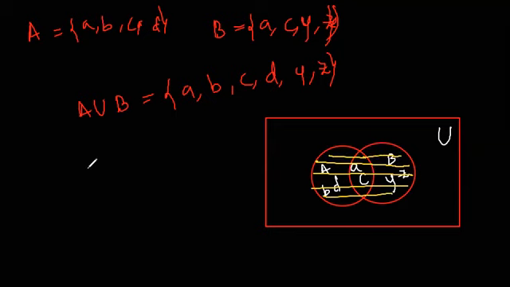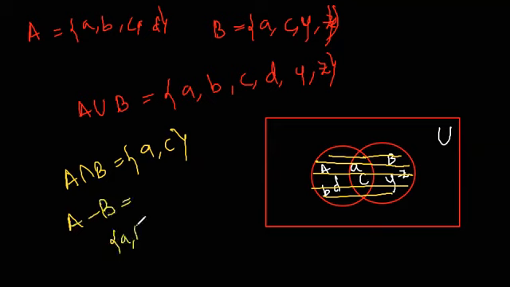Okay, and similarly for A intersection B, it will be A, C, and if you draw a Venn diagram, you are supposed to shade only the intersection. What will be A minus B? A minus B is {A, B, C, D} minus {A, C, Y, Z}.